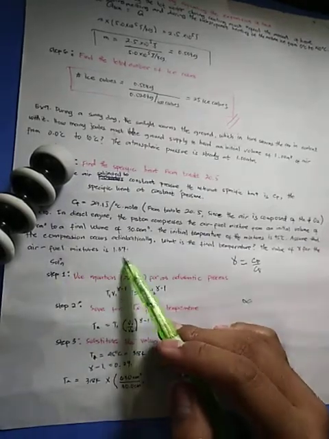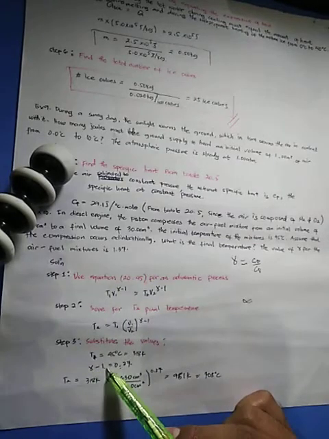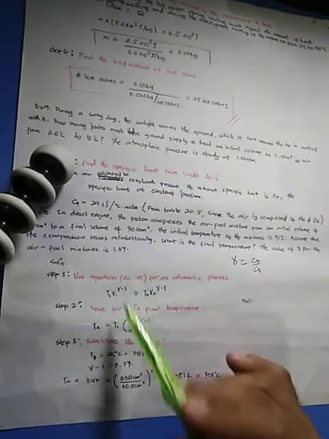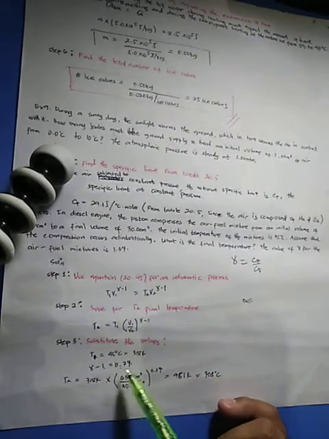It is equal to 1.37. So lambda minus 1 is 1.37 minus 1, and the result is 0.37.